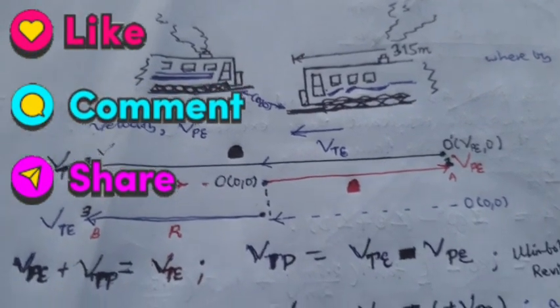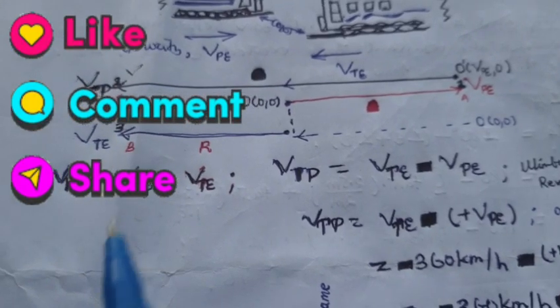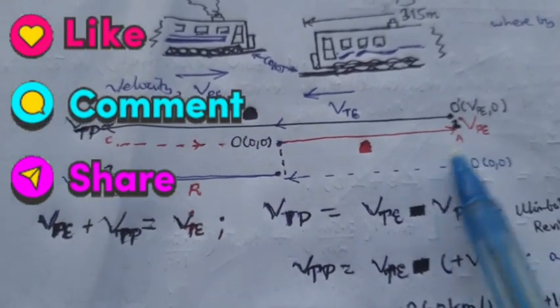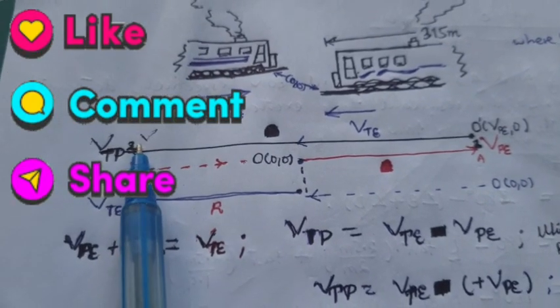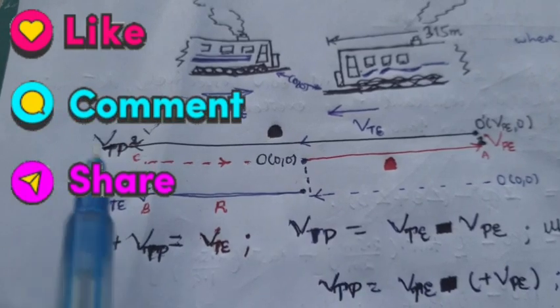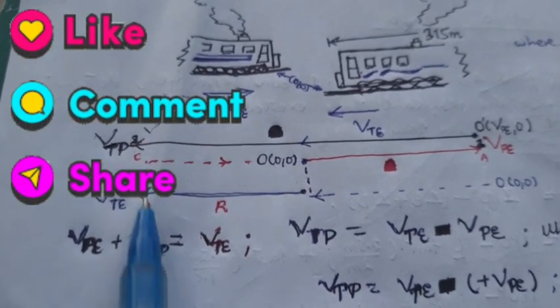Okay, let us go directly to the formulas. We will have a first vector here and a second vector here, and the resultant vector is drawn from the tail of the first vector to the head of the last vector.